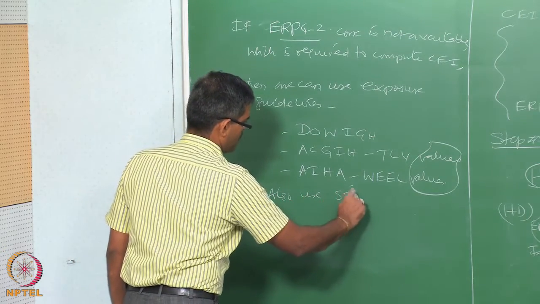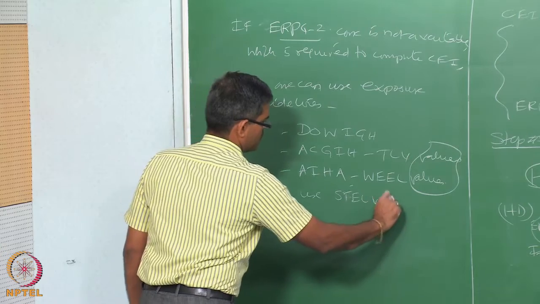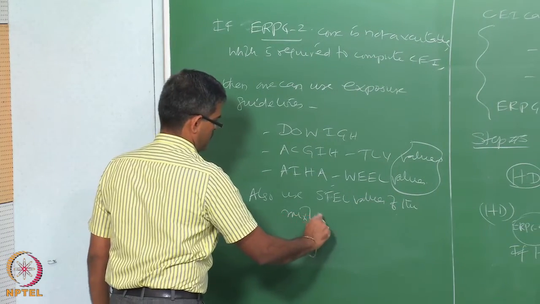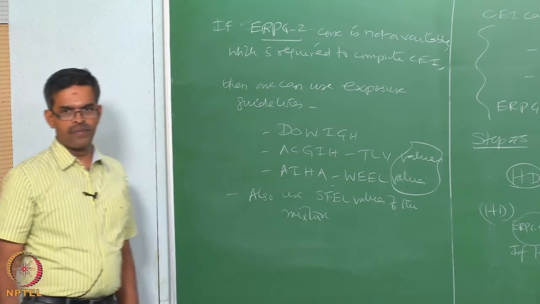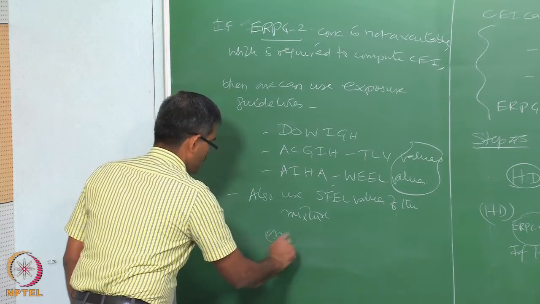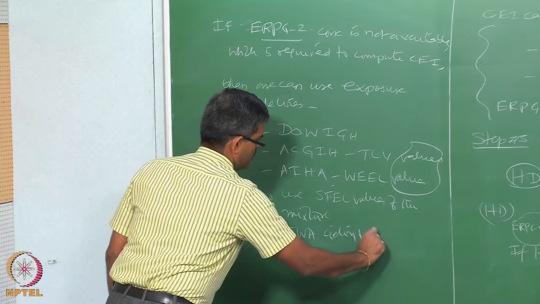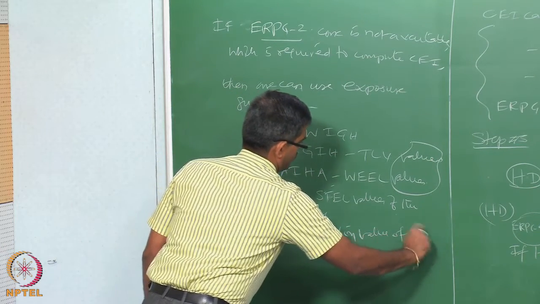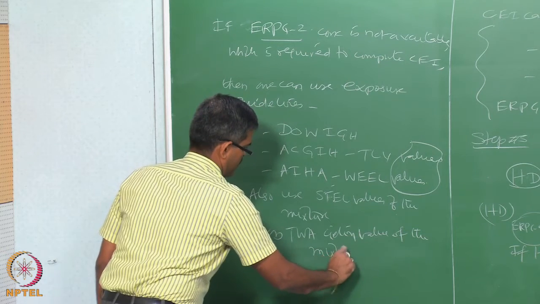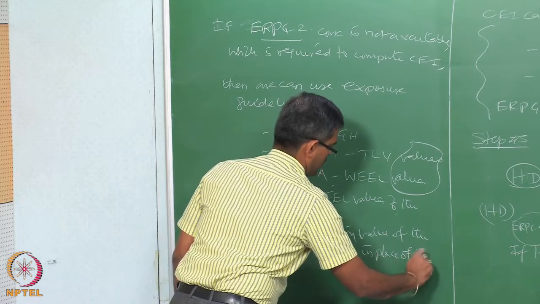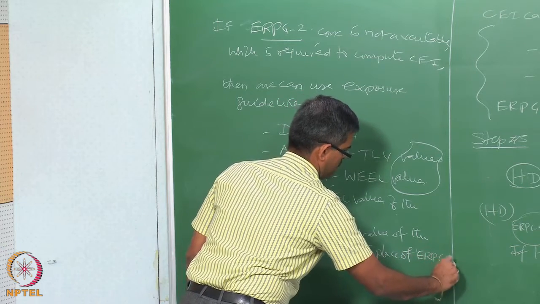One can also use the short term exposure limit, that is STEL values of the mixture, or the time weighted average ceiling value of the mixture, in place of ERPG 2.